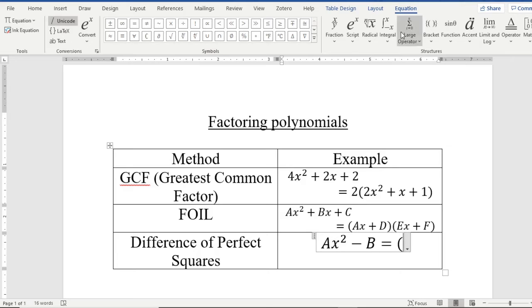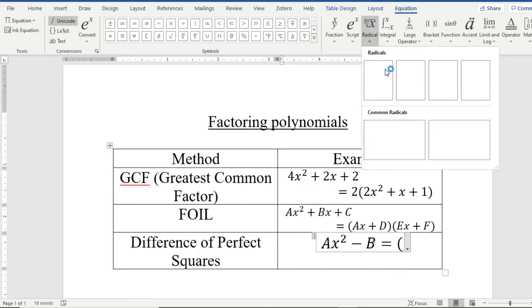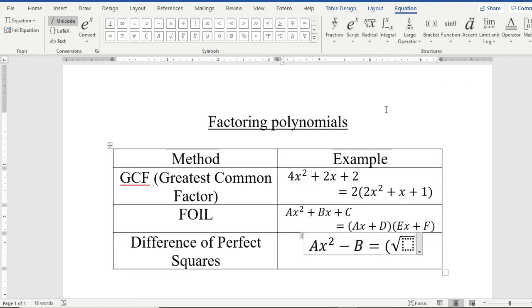So we have the square root of a going up front, plus and minus the square root of b.